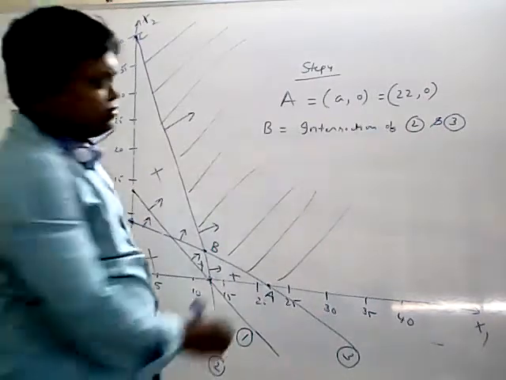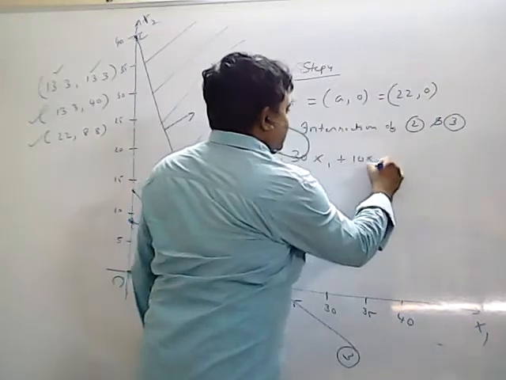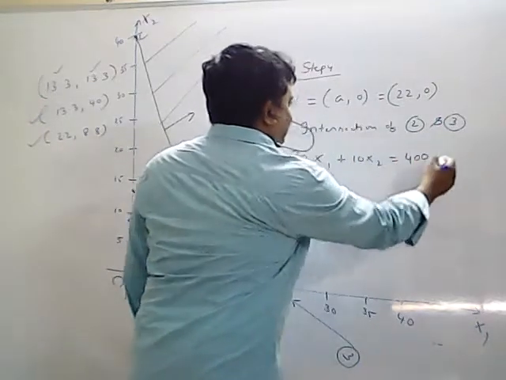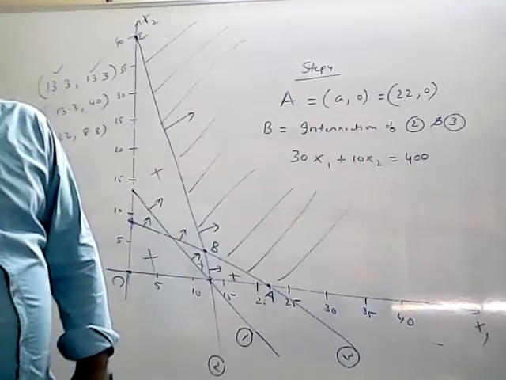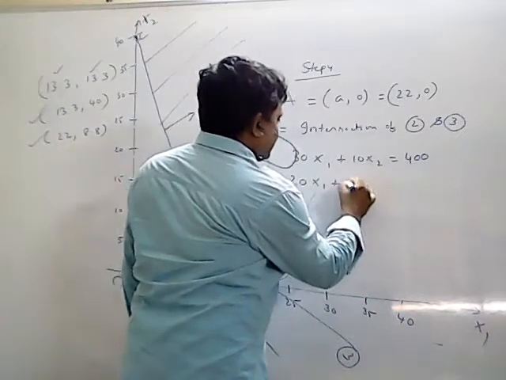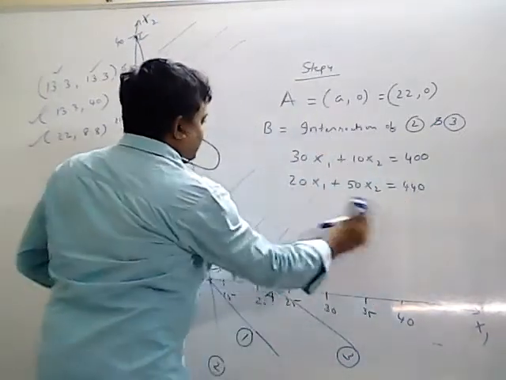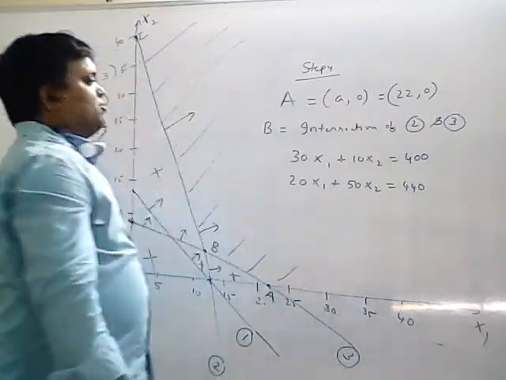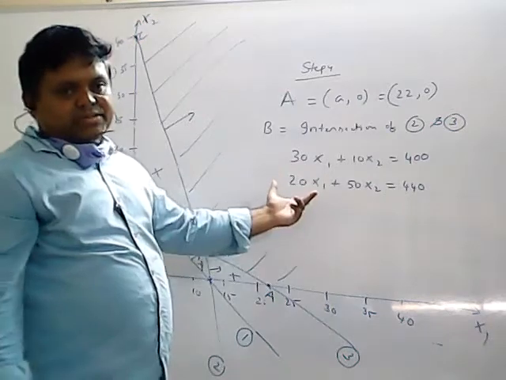What is equation number 2? 30x1 plus 10x2 is equal to 400. And equation 3 is 20x1 plus 50x2 is equal to 440. Make either the x1 coefficients equal or the x2 coefficients equal, then only you can solve these equations.